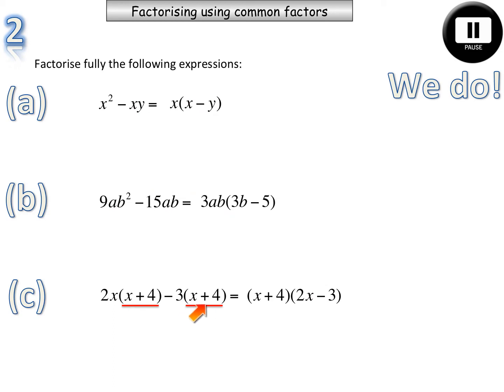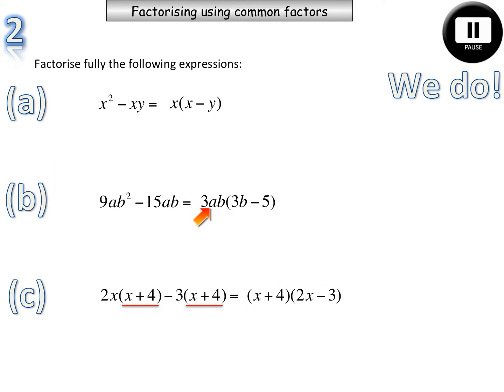And x plus 4 multiplied by negative 3 gives us negative 3, x plus 4. So this x plus 4 is a common factor that sits out the front.